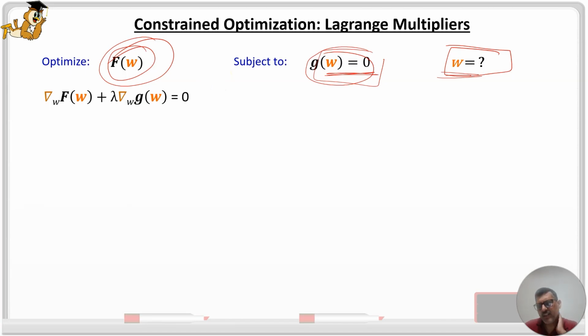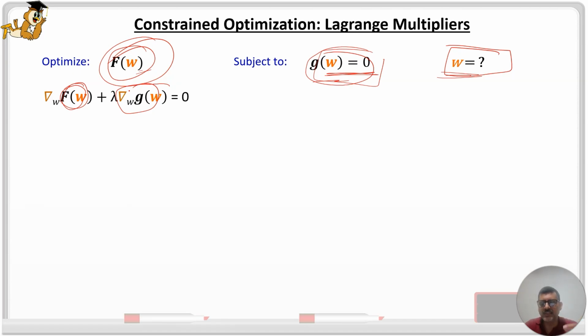And the way we did it, we showed a pictorial proof. We showed that if we had to optimize a function subject to a constraint like this, the gradient of this function would have to be aligned, would have to be a multiple of the gradient of the constraint.